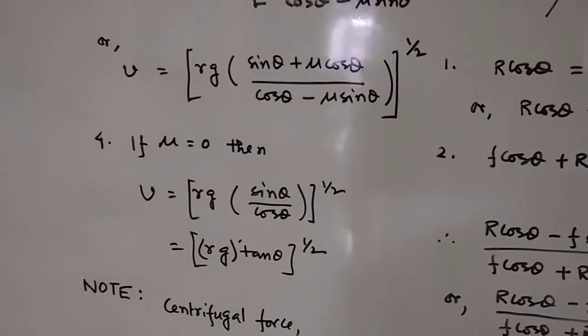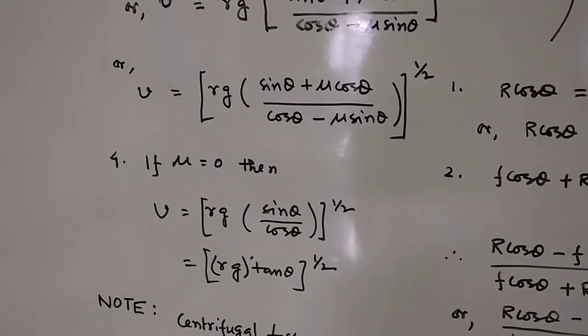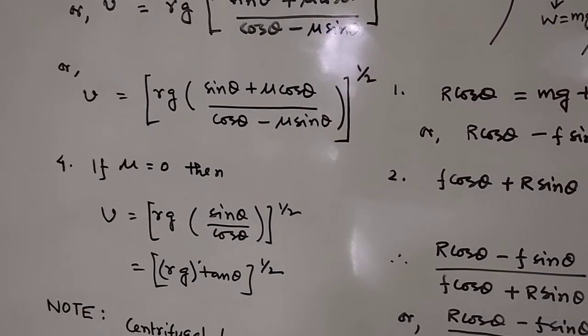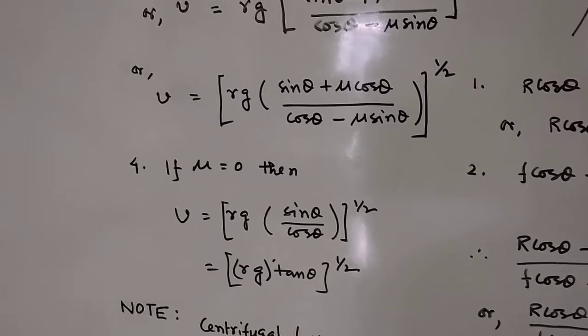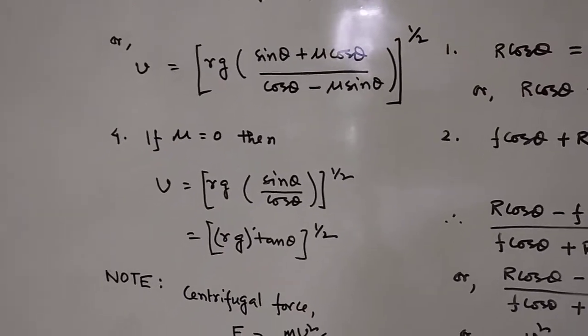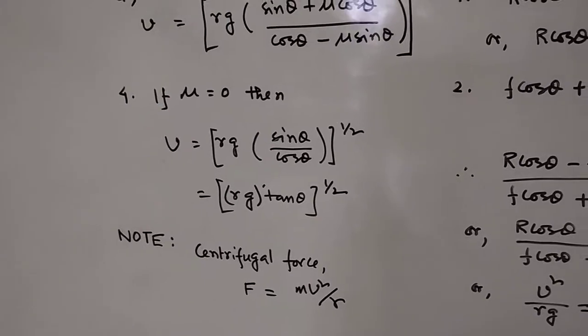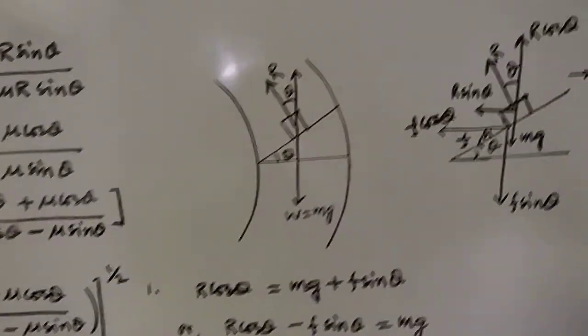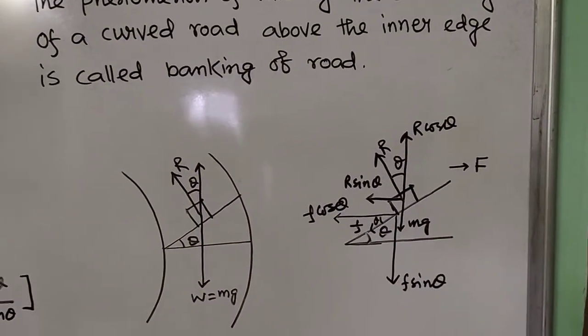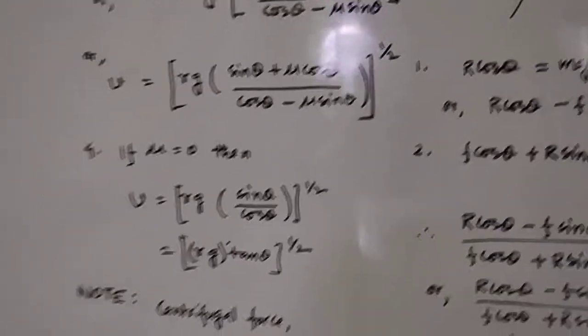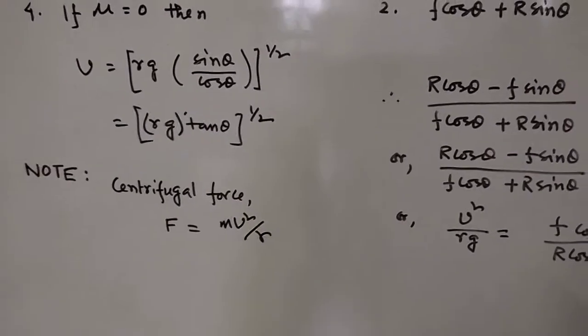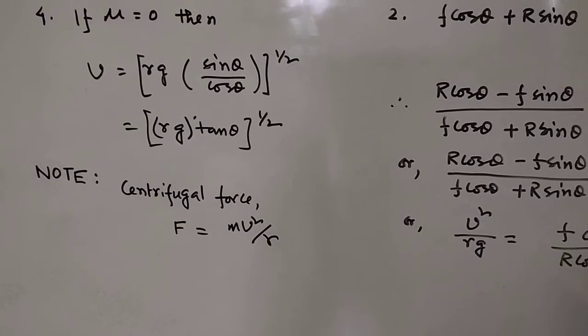So if your vehicle has a speed higher than that limited value which is specified on the road, then there is a possibility of accident. Now already we have said that in the diagram capital F we have specified as your centrifugal force, and the expression we have defined in our previous chapter discussion, that is mv square by r.